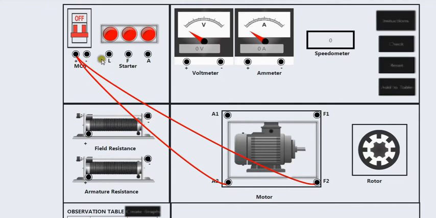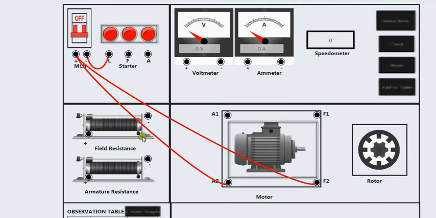The line is connected, this negative supply will be connected to line L. Now we have to connect the field point of the starter. There will be an ammeter and a rheostat, both connected in series with the field winding.